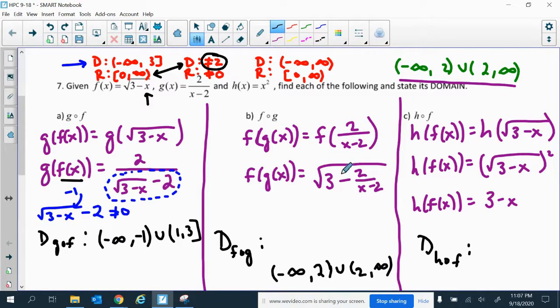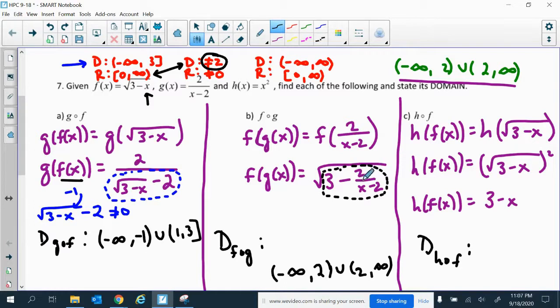But if I look, I notice that this is inside of a square root, and that means that I can't have this be less than 0.